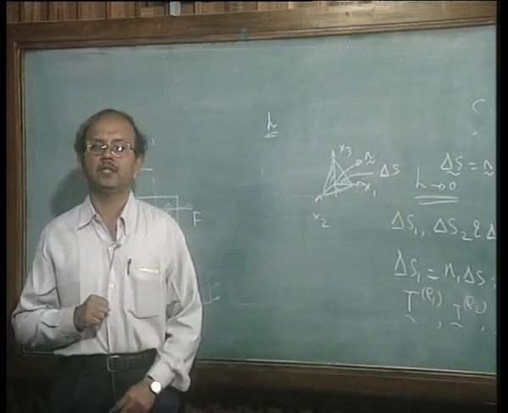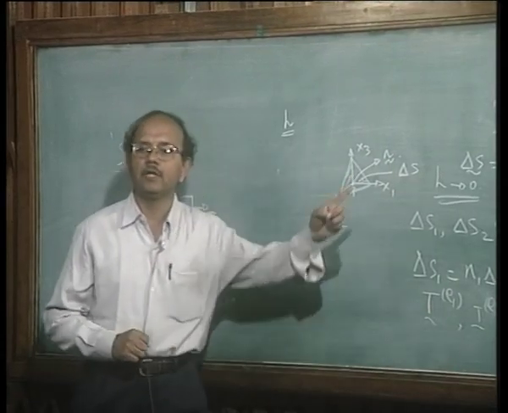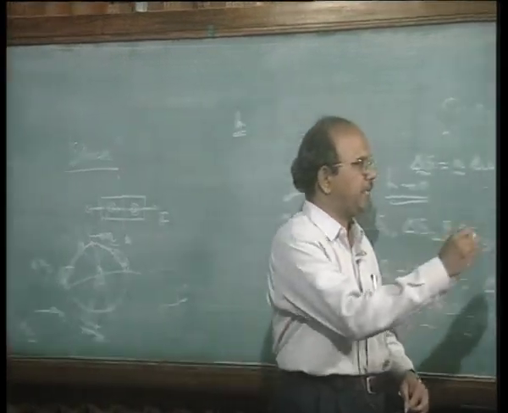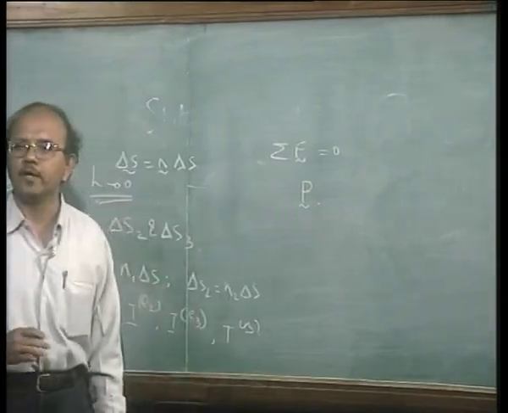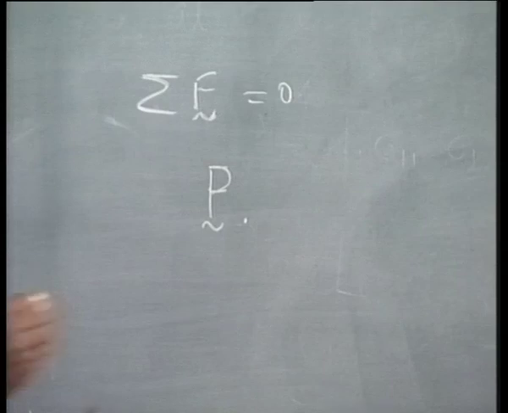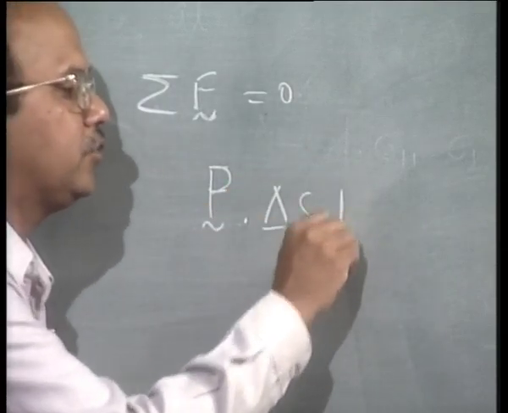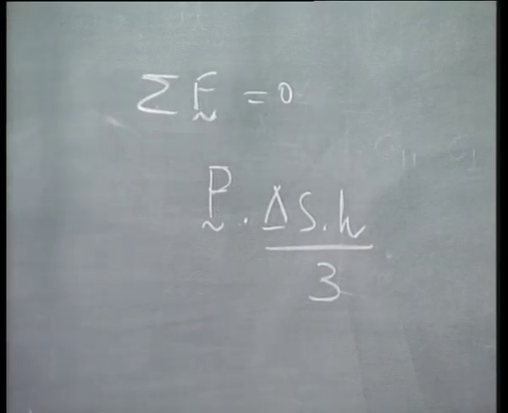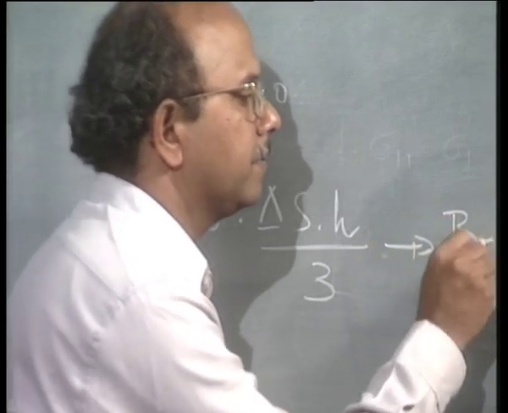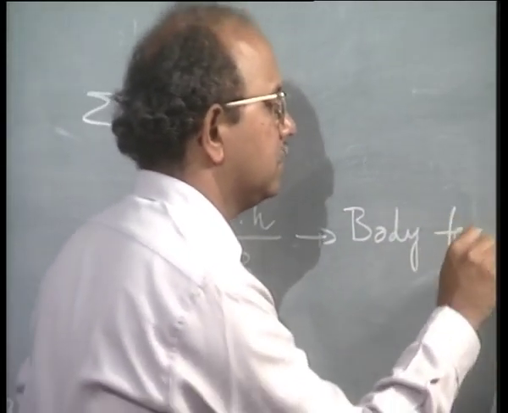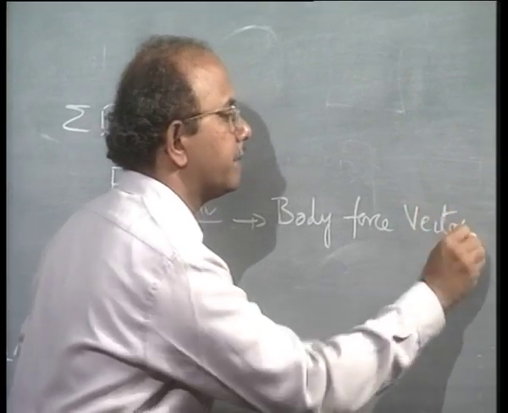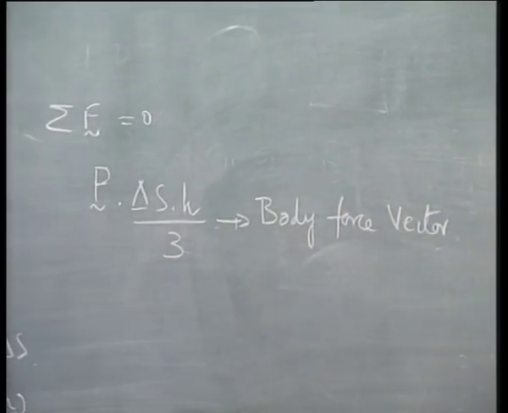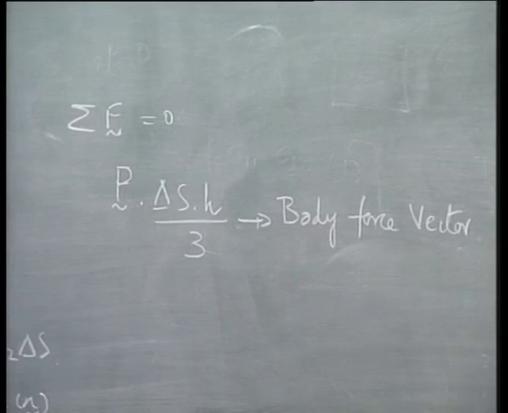So the body force vector is defined as P into the volume of the body, which can be determined as delta S into h divided by 3. One third of h into delta S gives me the volume of the body. So this is the body force vector. Is that clear?